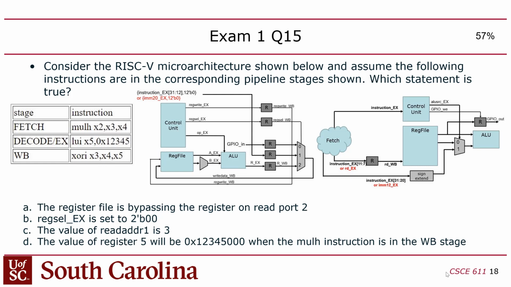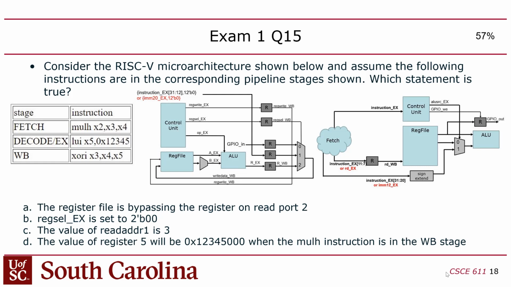Okay, now for that to be true, you have to look at what's in write back and what's in decode EX, right? Now notice I put decode EX. I think the reason I put that there was I wanted to emphasize that this is also the stage where you're reading the registers, and in write back, you're writing a register. So if you're writing a register that you're also reading in the previous instruction, then you've got a bypass.